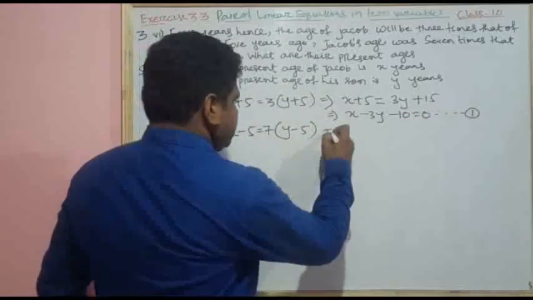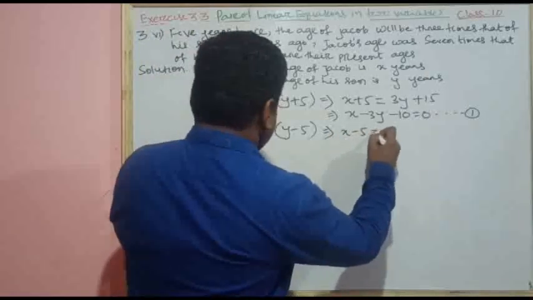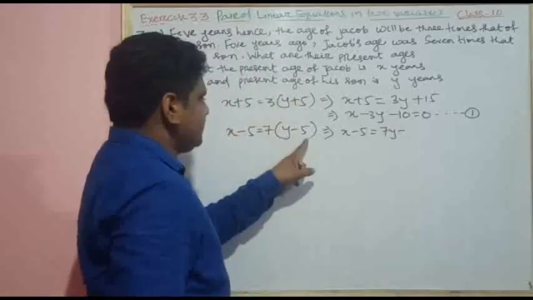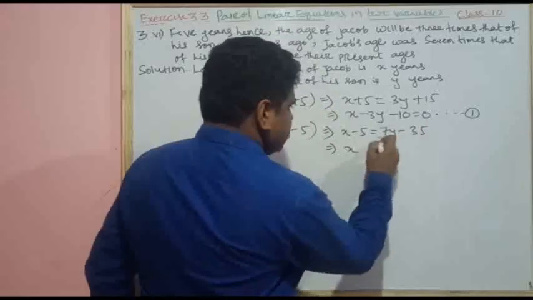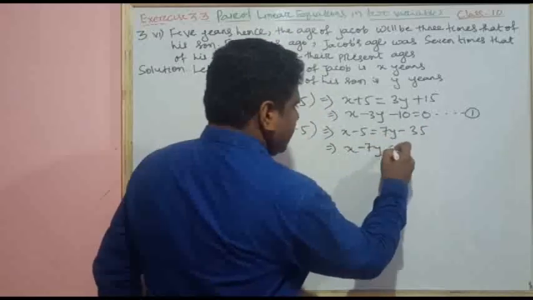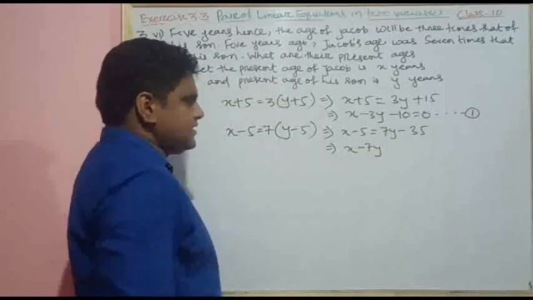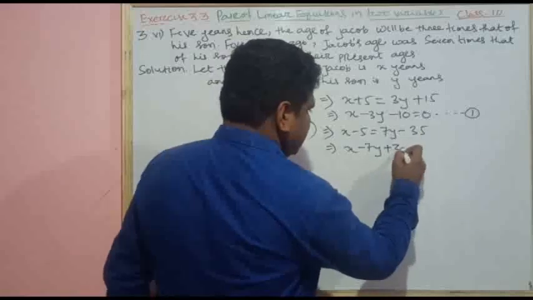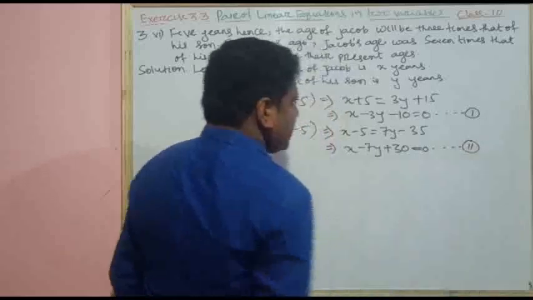And another one is x minus 5 is equal to 7y minus 7 into 5, which is 35. Here x minus 7y minus 5, when 35 moves towards LHS, it will be positive. So minus 5 plus 35 will be plus 30, equal to 0. Let it be equation 2.